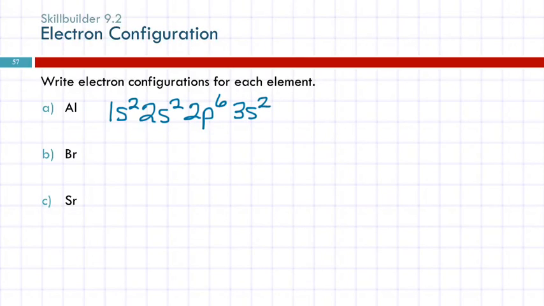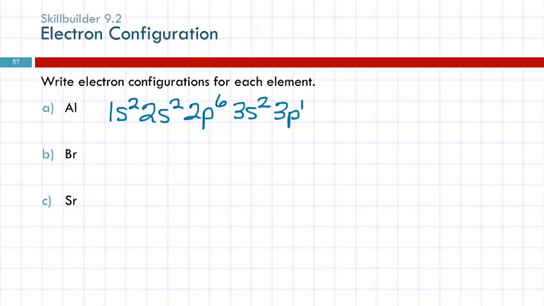And the next one over is aluminum, so that's 3p. And we're just in the first of that block, and so it's 3p1. If you add these exponents up, these superscripts up, they should add up to 13, which is the number of electrons that aluminum has.